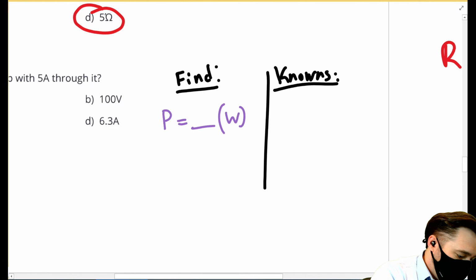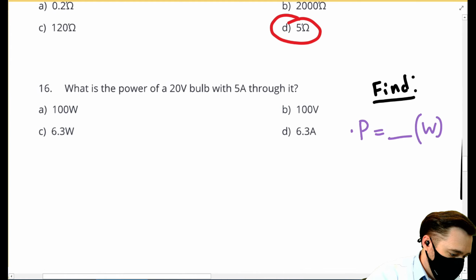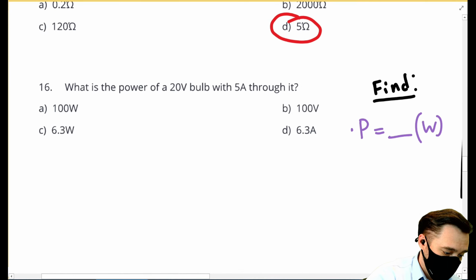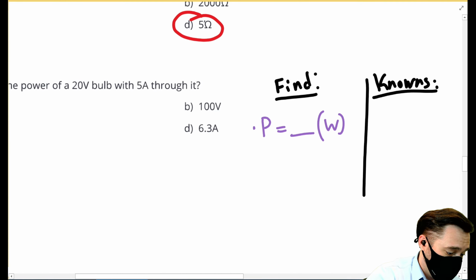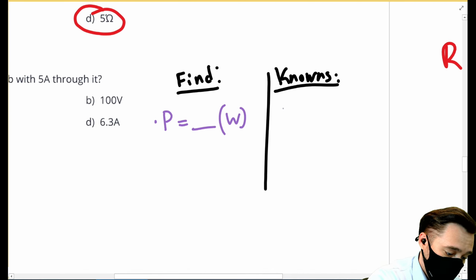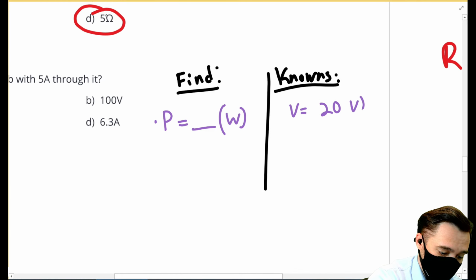And I have 20 volts. So that's my voltage, and then 5 amps. So voltage is equal to 20 volts. And then my current is equal to 5 amperes.